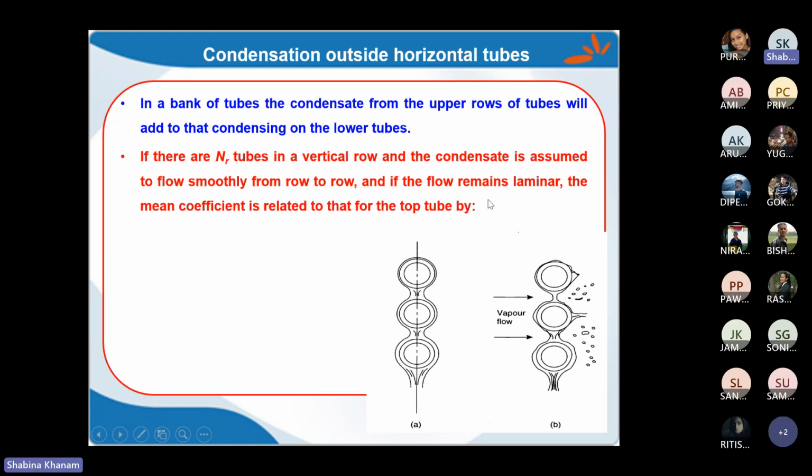And if the flow is laminar, then we can find the mean heat transfer coefficient by considering a correction factor on HC1. So now I am having HCNR. Whatever HC1 we obtain, we multiply by NR to the power minus 1/4.